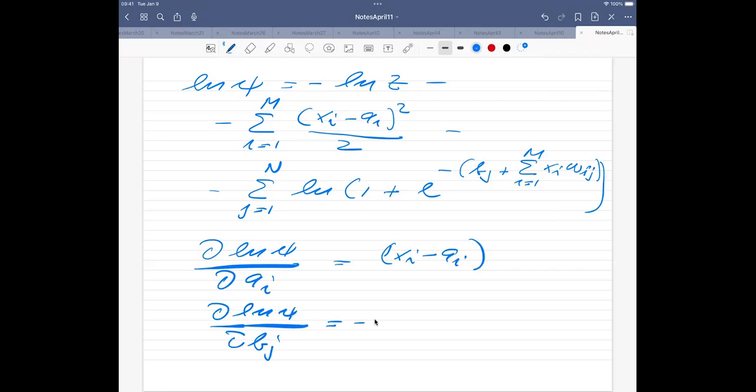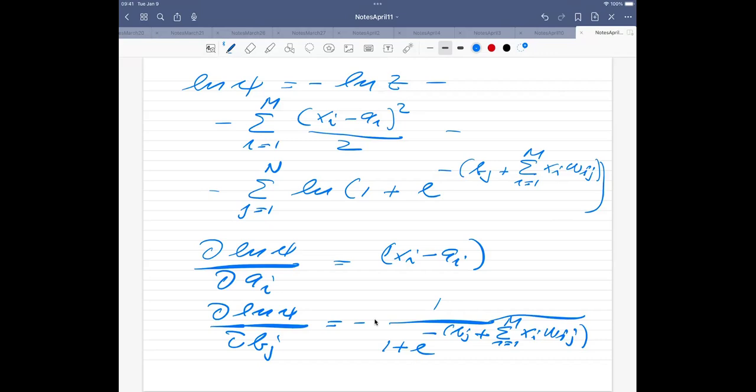And that's going to be given by, I have a minus sign there, 1 divided by 1 plus e to the minus b_j plus the sum over i equal 1 up to M of x_i w_ij. So when we have this log exponential ansatz for the wave function, life becomes much, much easier.